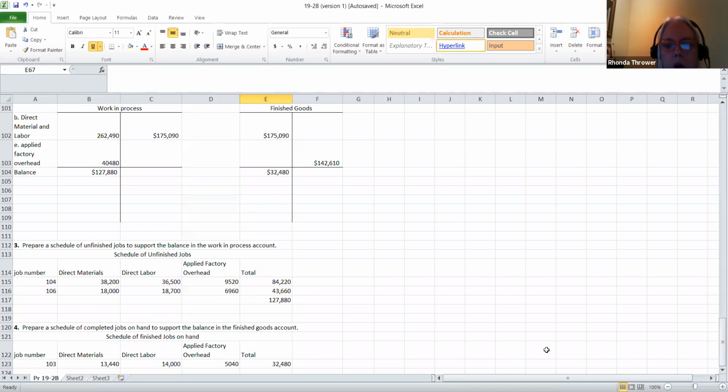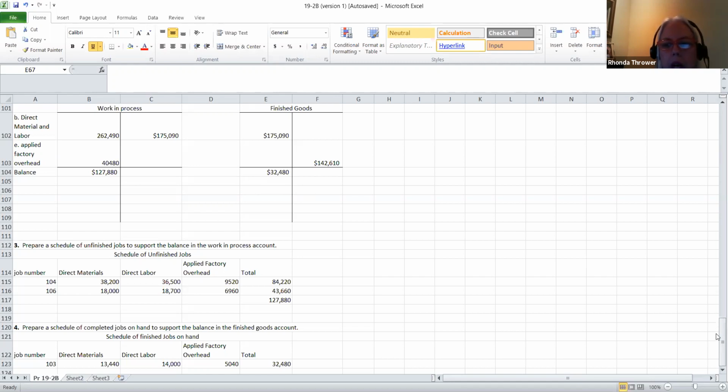In part 4, they are also asking you to prepare a schedule of completed jobs, which would make up the finished goods inventory. Finished goods is what we have left on hand. We have not shipped or billed our ending balance in our finished goods. This is what we've got left over.